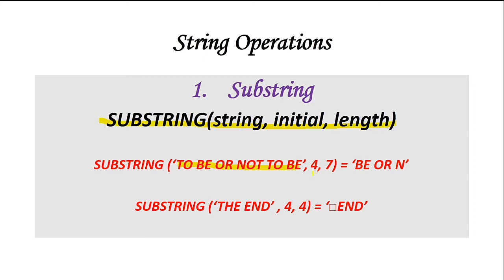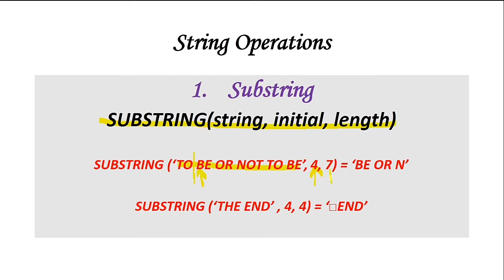Initial means it will go to that particular position. So 1, 2, 3, 3 is a space. Space is also considered a character. And 4. So the fourth position is nothing but this B, right?